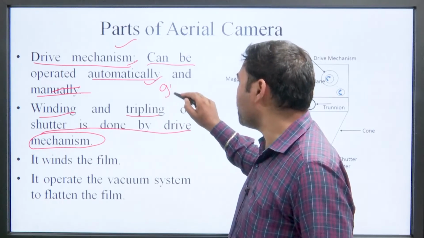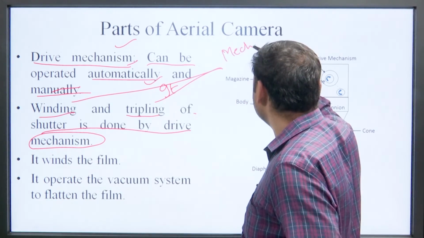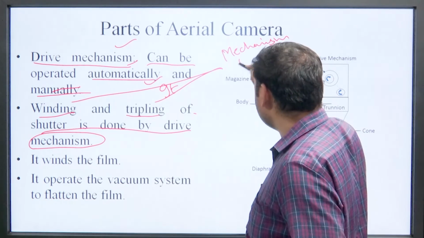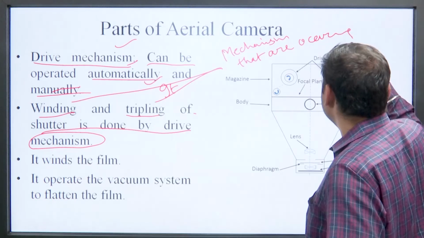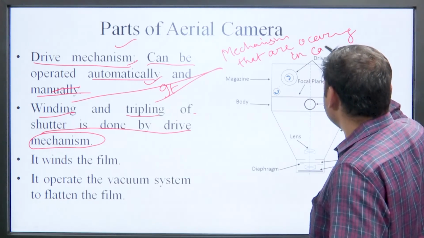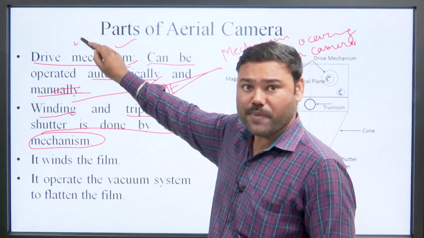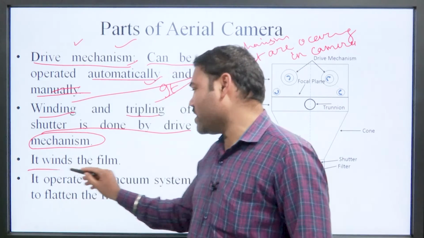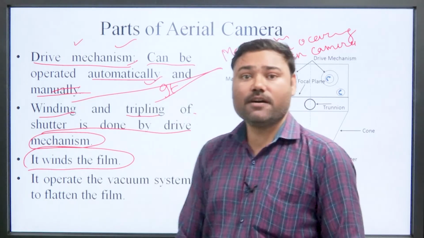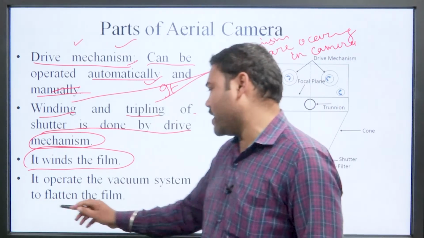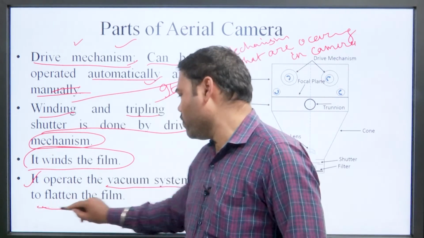These are the various mechanisms occurring in the camera, and they are guided by the drive mechanism. It also helps to wind the film, and it operates the vacuum system to flatten the film.